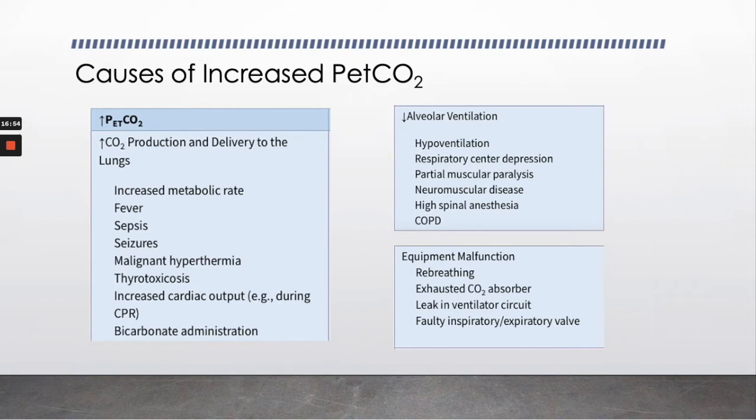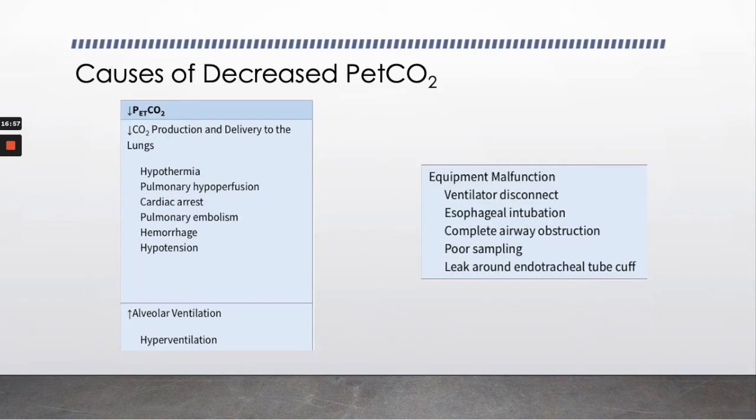Now for the causes of decrease, the list is not as deep. For a decrease in production: hypothermia, pulmonary hypoperfusion, cardiac arrest, pulmonary embolism, hemorrhage, and hypotension, and an increase in alveolar ventilation, hyperventilation, and equipment malfunction.